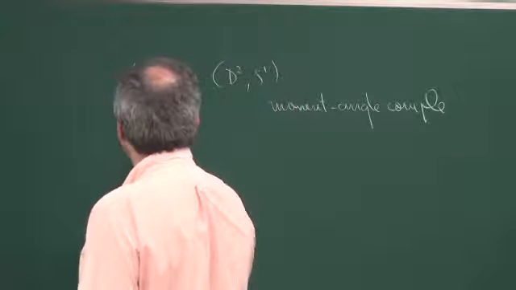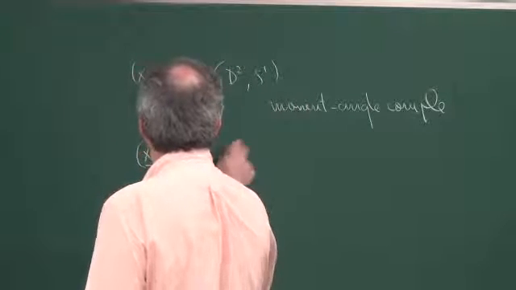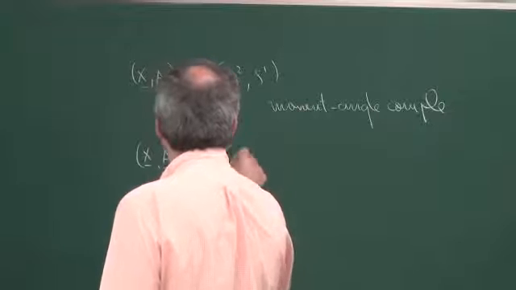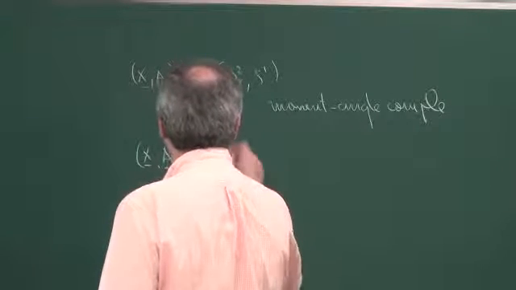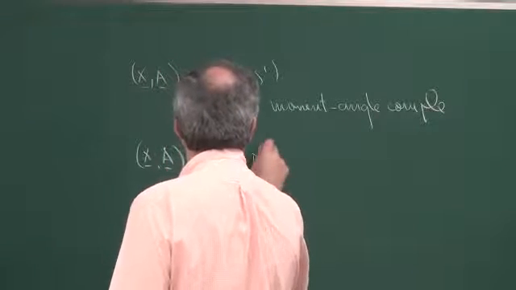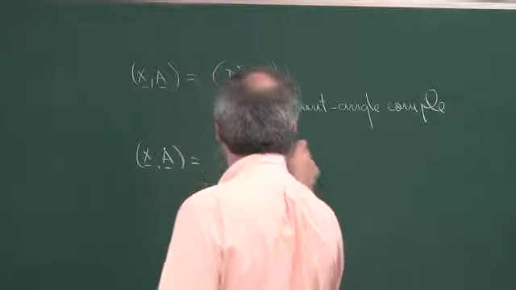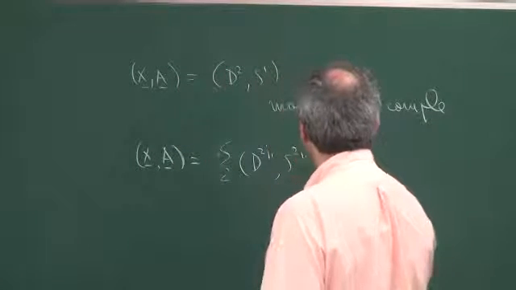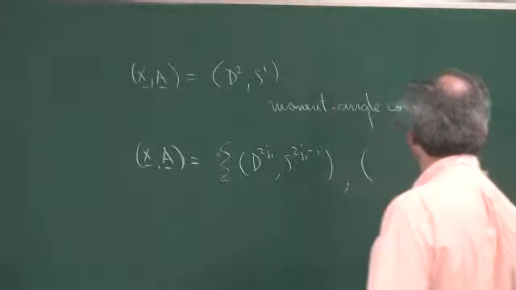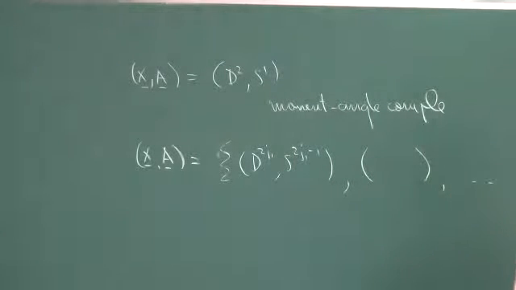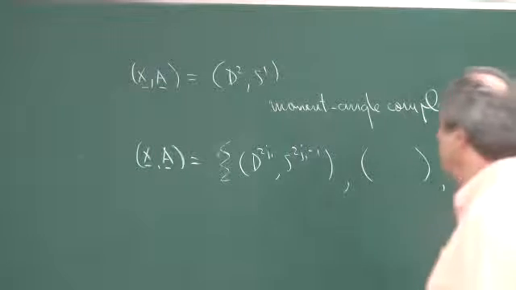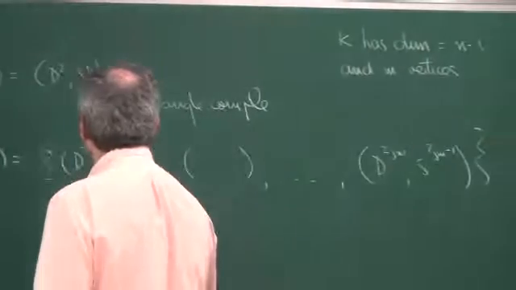If (X, A) is equal to the collection (D^{2j_1}, S^{2j_1-1}), etc., down to (D^{2j_m}, S^{2j_m-1}), then it's called a generalized moment-angle complex.